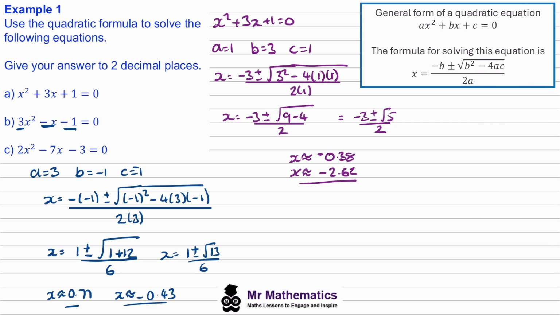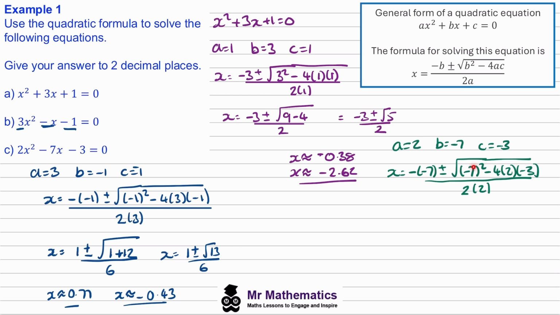Okay, so welcome back if you had a go. So a will be 2, b will be negative 7, and c will be negative 3. So x will equal minus b plus or minus the square root of b squared minus 4ac, all divided by 2 lots of a.